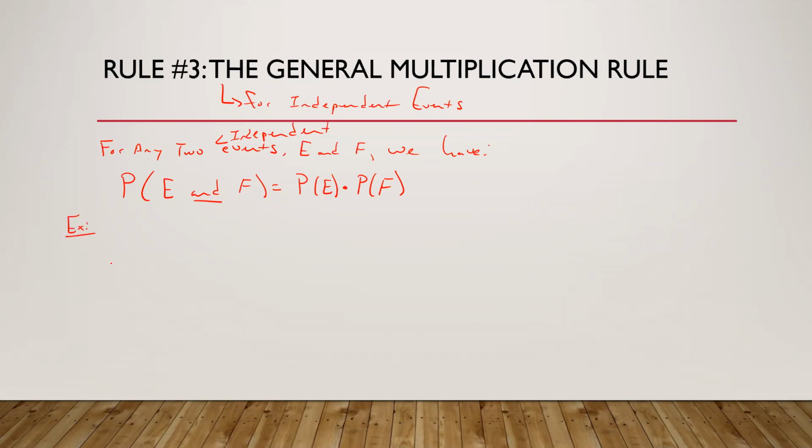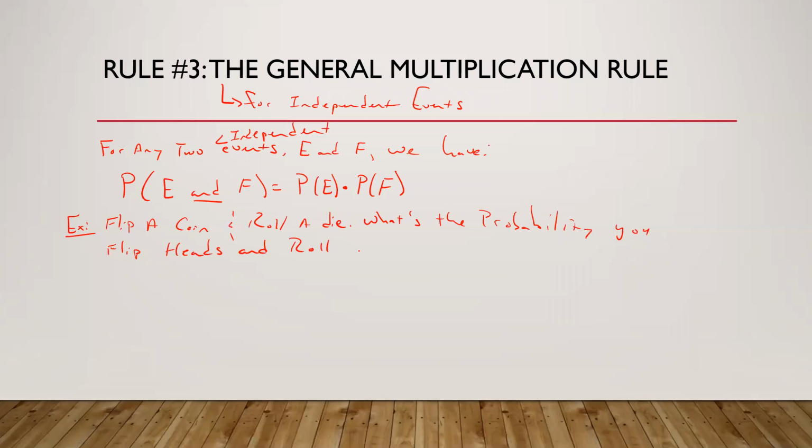Let me just do a quick example to show that this works, okay? So you're going to flip a coin and then you're going to roll a die. What's the probability you flip heads and roll a 6?